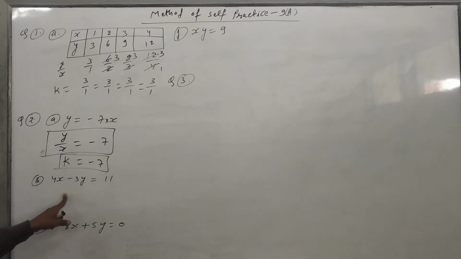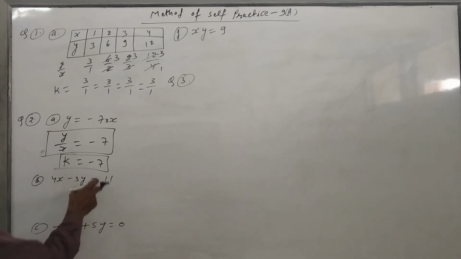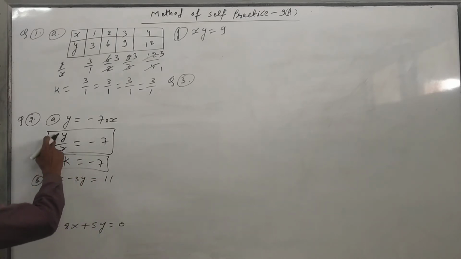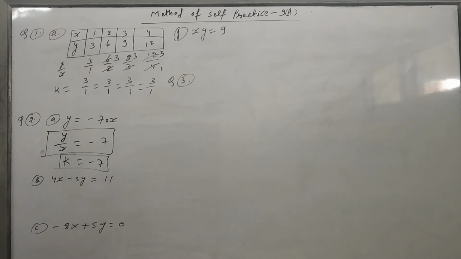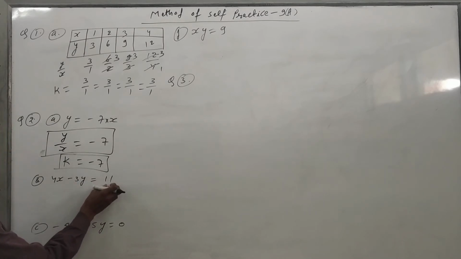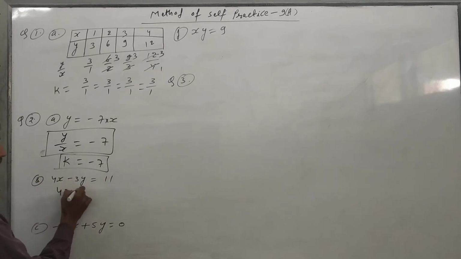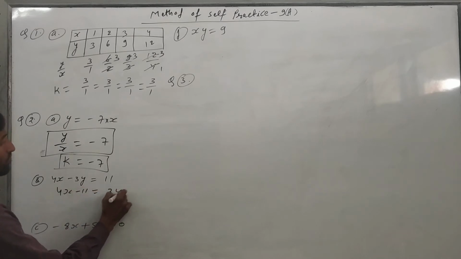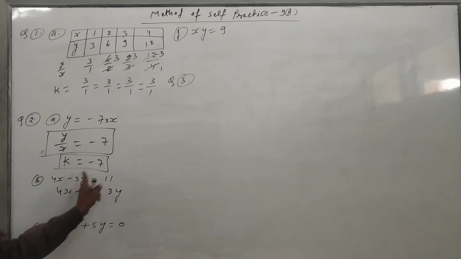Now in the B part, if you want to separate x and y and make this type of ratio, it is not possible. If we transpose the 3y to this side and 11 comes here, 4x minus 11 equal to 3y will come. I have transposed the 3y to that side and shifted the 11 to this side.